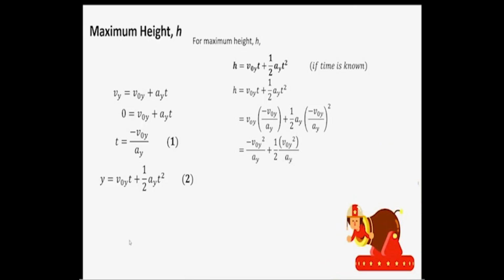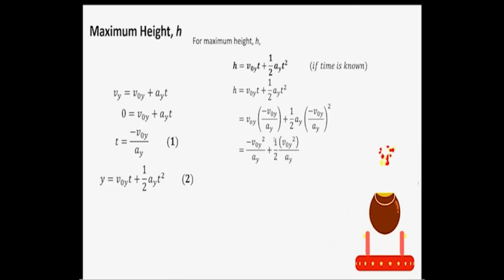What happens here? Remember that in this part of the term, a sub y is raised to the power of 2, so this will become a sub y squared. And since we already have a sub y here, we can cancel one of the a sub y so that the remaining a sub y is only this one.